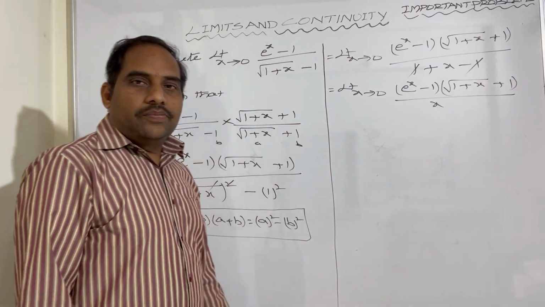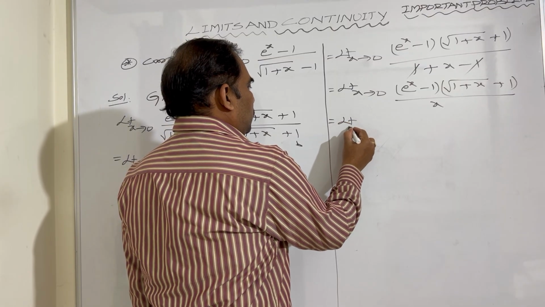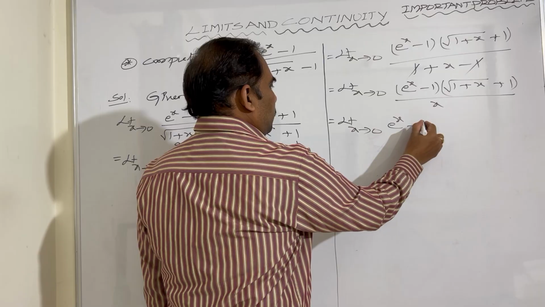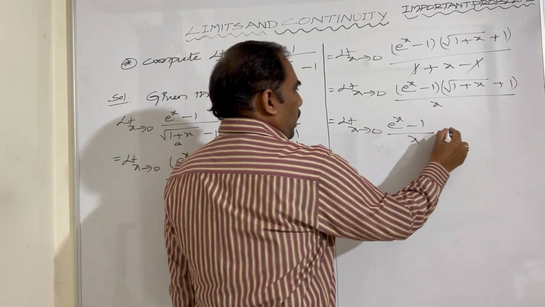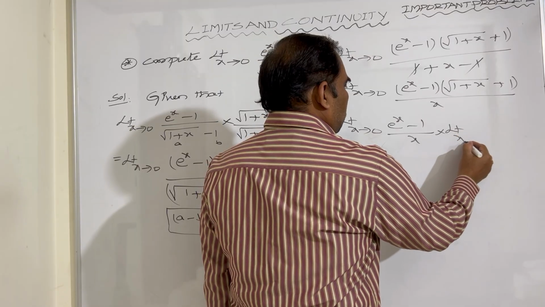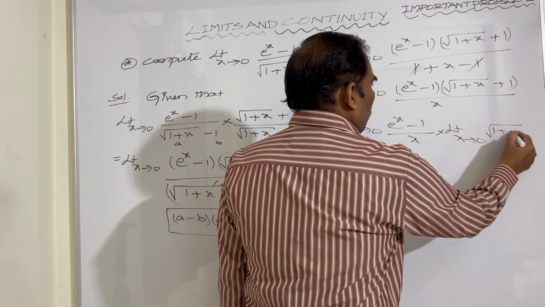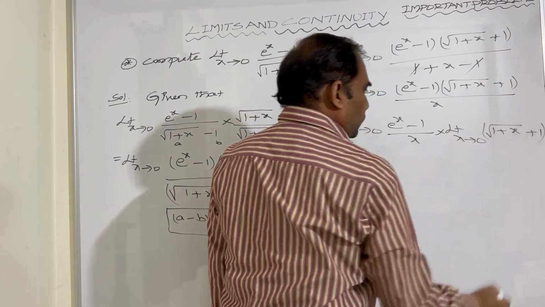So further, it can be written as the limit as x tends to 0 of (e^x − 1) by x, into, again, the limit of the other function also taking x tends to 0, of √(1 + x) + 1.